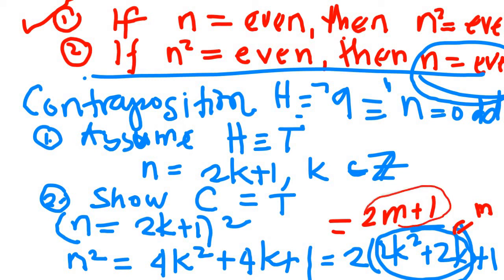So this is the form of an odd number. So therefore, n squared is an odd number. Hence, we have proven the contraposition. And if you have proven the contraposition, it's equivalent to proving the original implication, because they're logically equivalent.